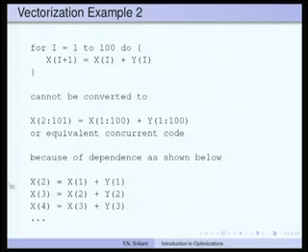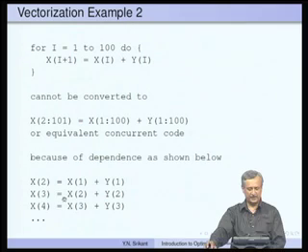So, take I equal to 1. We get x 2 equal to x 1 plus y 1. Take I equal to 2, we get x 3 equal to x 2 plus y 2, then x 4 equal to x 3 plus y 3 etcetera. The x 2 which was computed in I equal to 1 is used in I equal to 2, x 3 which was computed with I equal to 2 is used in I equal to 3.